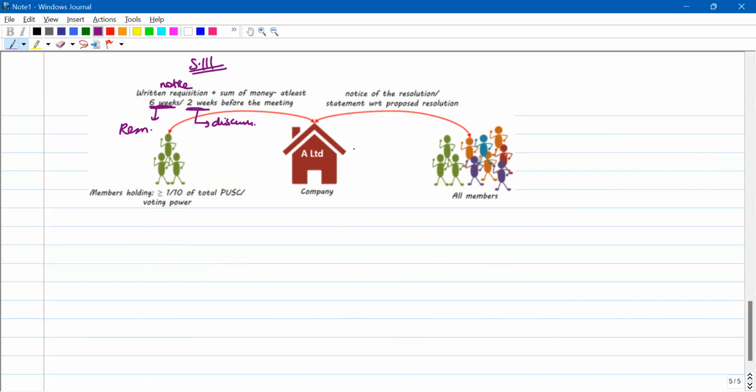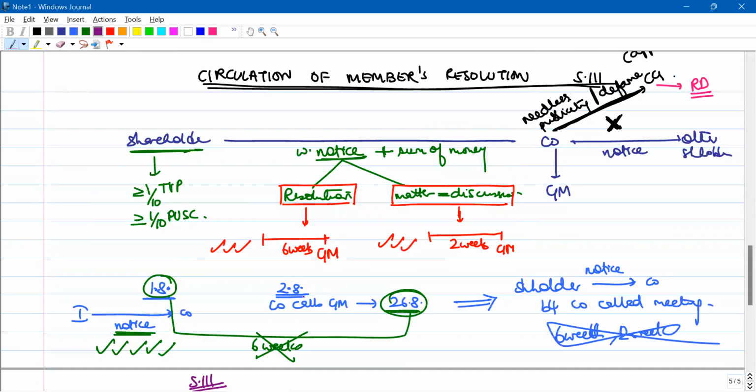Then the company will circulate a copy of that notice to all the other shareholders of the company. For this circulation, whatever expenses are incurred, these shareholders will also deposit a sum of money with the company to help meet those expenses. Then we discussed a very special scenario where even before the company could have called the meeting, the shareholder gave a notice to the company.